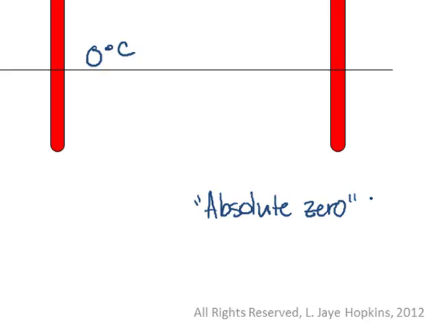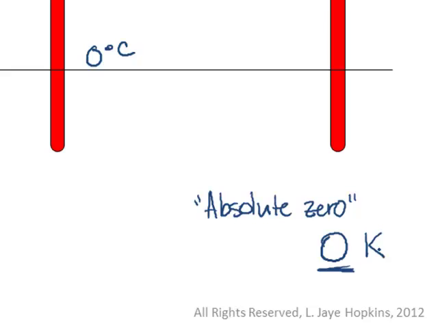Once something stops moving, there's no way it can stop moving even more. Absolute zero is way down at the bottom of the temperature scale, and that's actually 0 Kelvin. It looks like you're writing OK because there's no degrees sign.